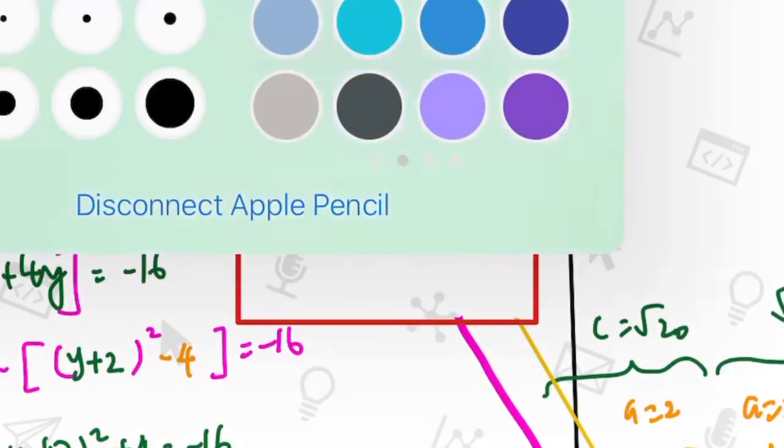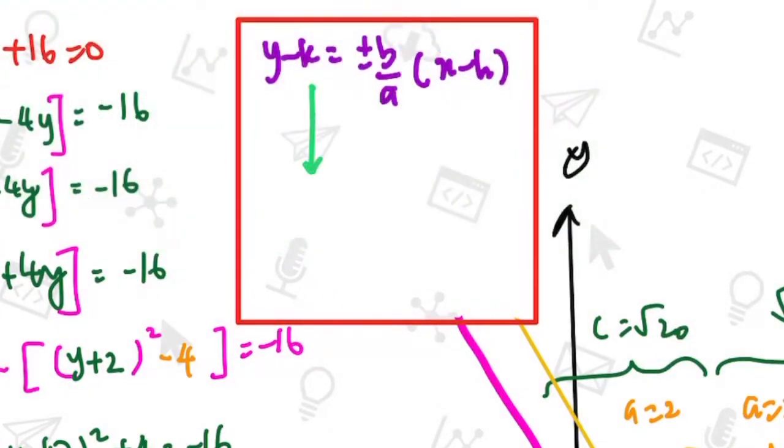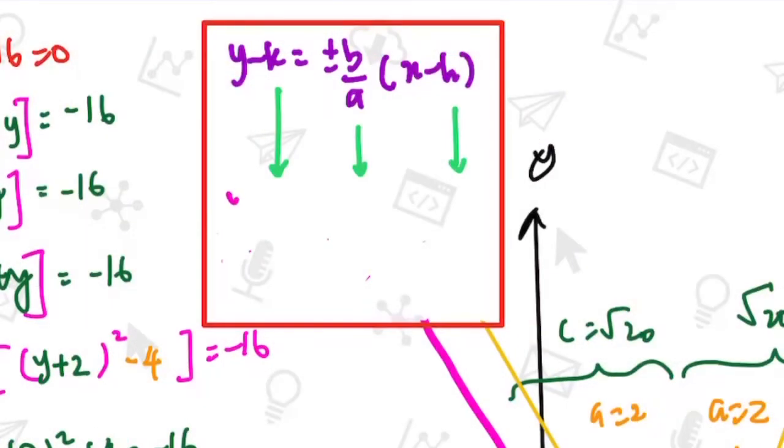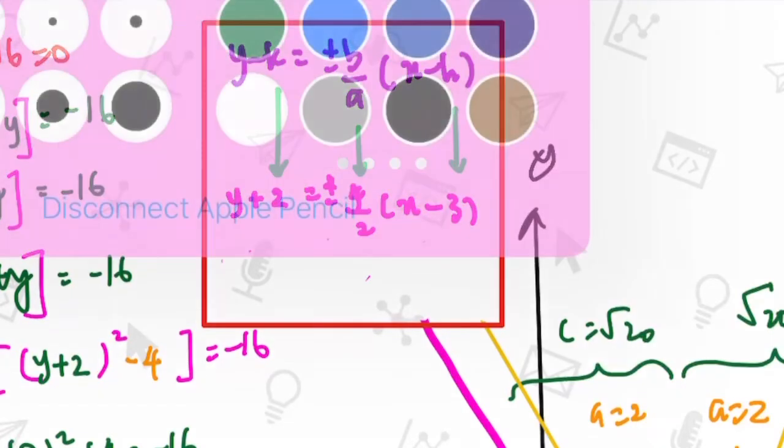So let us substitute our k, substitute b over a, and substitute our value of h. So now let us find the equation. Put in our k, which is negative 2. So this becomes y plus 2 equals plus or minus, put in our b, 4, put in our a, 2, and put in our h, which is 3.